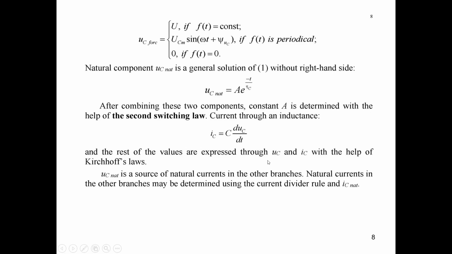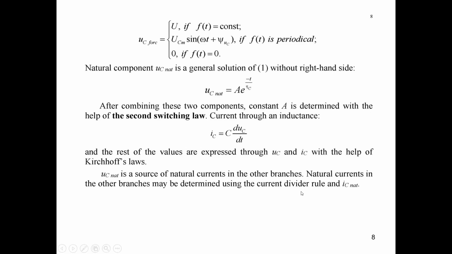The rest of the values of the natural component in the considered circuit should be determined with the help of this UC natural and this IC natural. This current and voltage drop should be considered as sources of natural components of currents in the other branches.